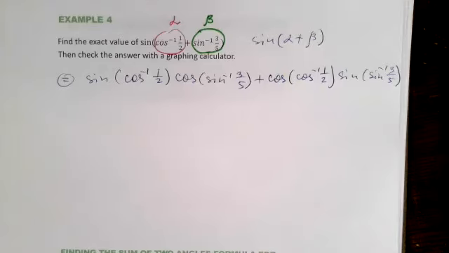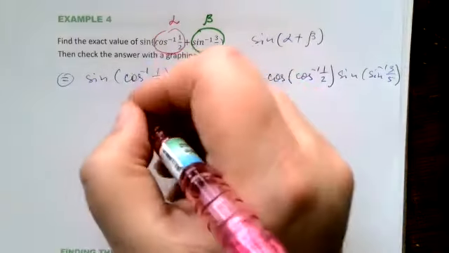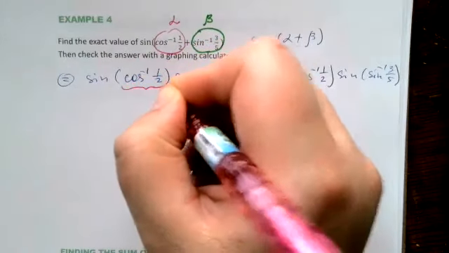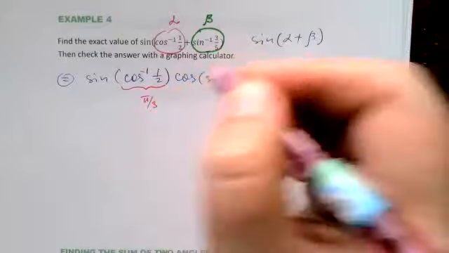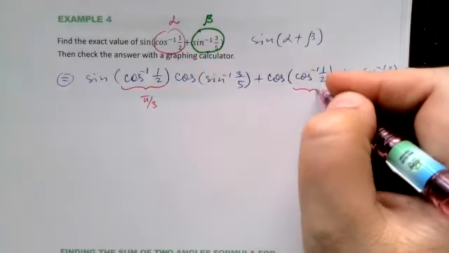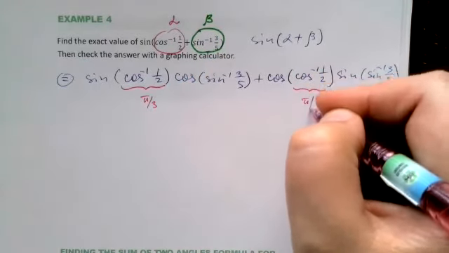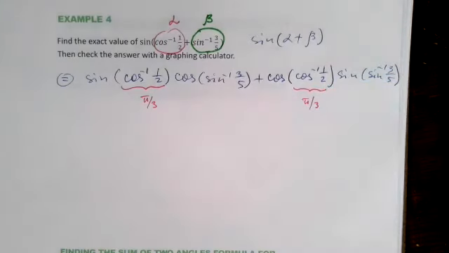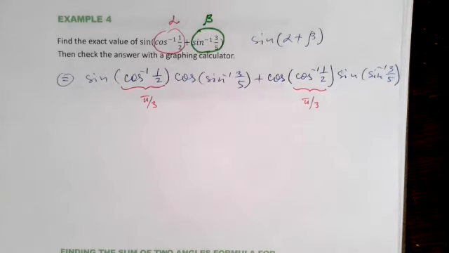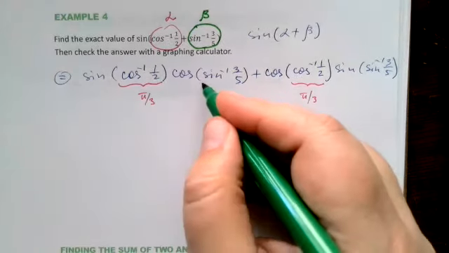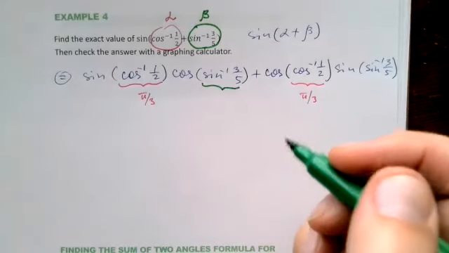We know that the angle whose cosine is 1/2 is actually pi over 3, right? So we can just change it to pi over 3. Now, what about the inverse sine of 3/5?